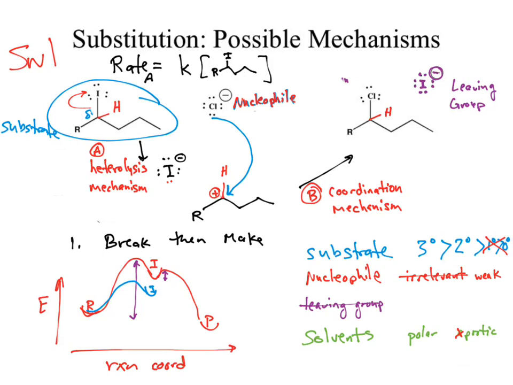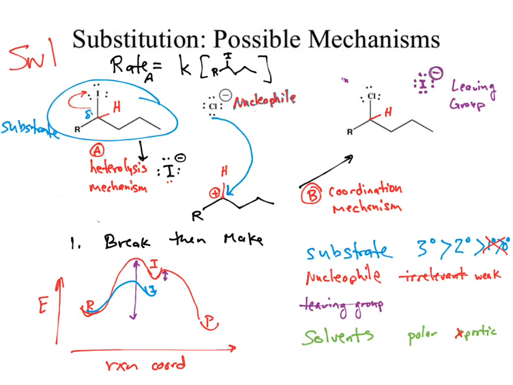The intermediate in this case happens to be a carbocation. So when I say SN1, you should immediately say carbocation. SN1, carbocation.